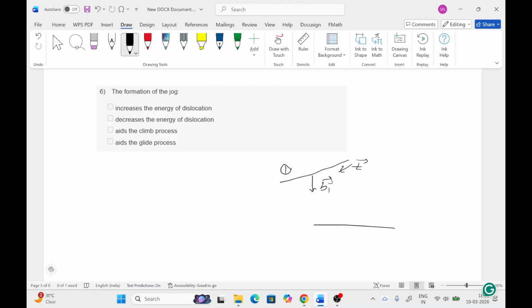The line vector for this is along T2 and the Burgers vector, sorry. For this, the line vector is along this and the Burgers vector in this direction.